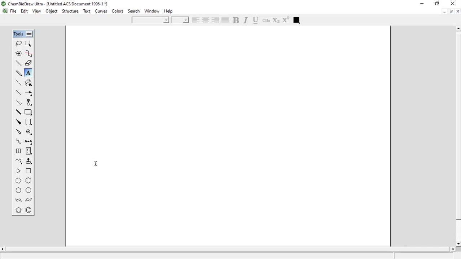Again, in the last lecture we learned the product analysis of the Claisen rearrangement. The Claisen rearrangement is nothing but the rearrangement of allyl phenyl ether. Allyl phenyl ether is converted by heating into ortho-allyl phenol. We took the example of an allyl phenyl ether that is not substituted.